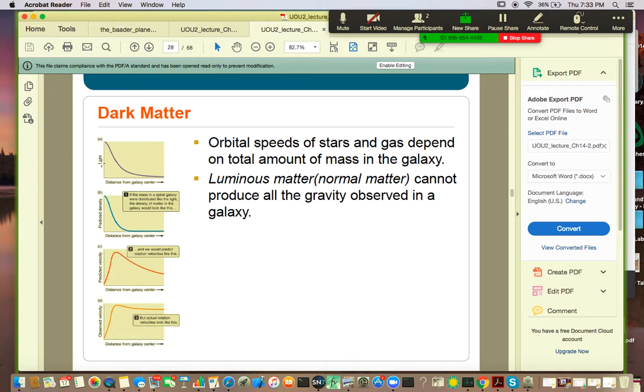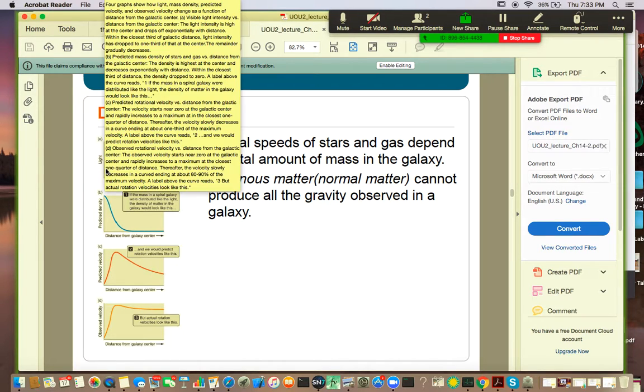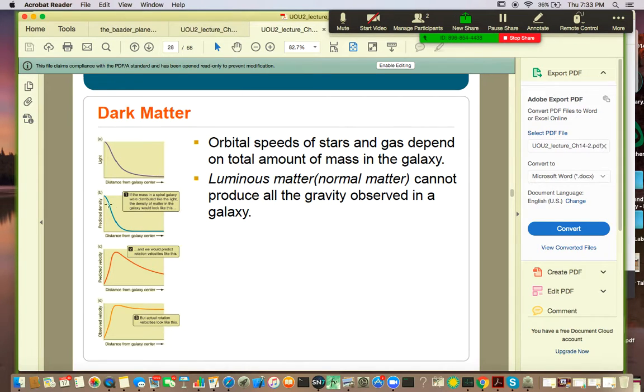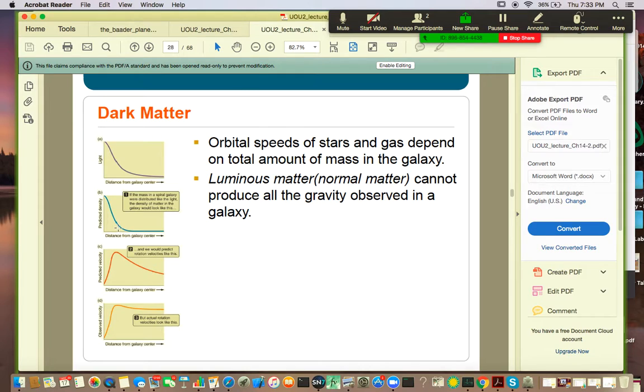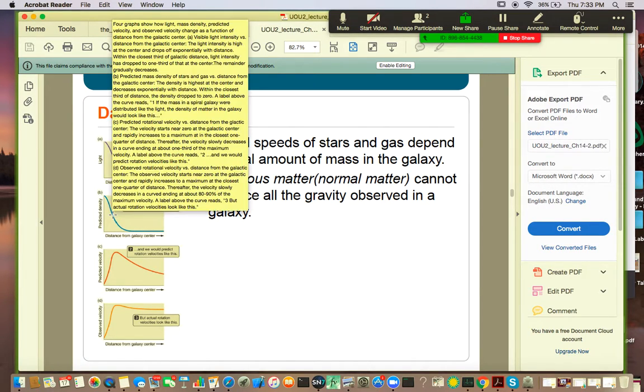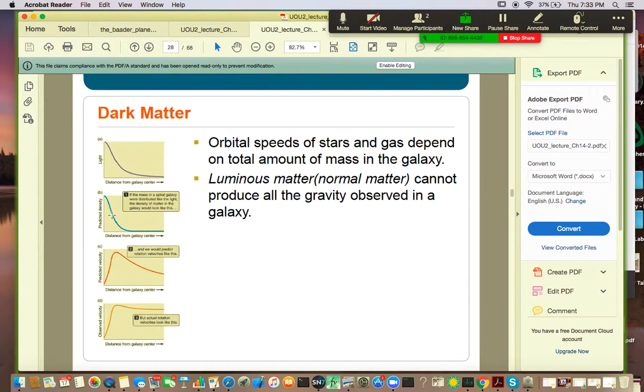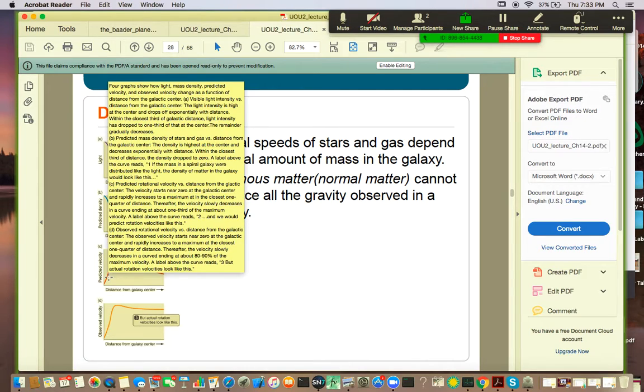So in this graphic, the top graphic, it shows in the y-axis... no, I want to show this one here.